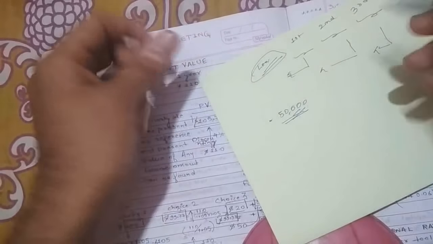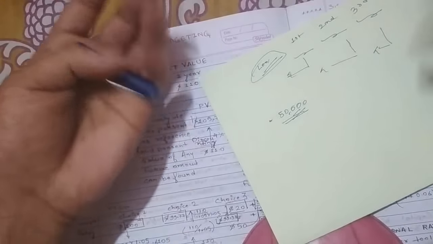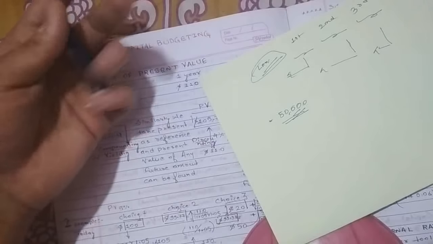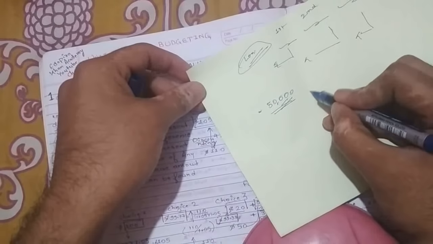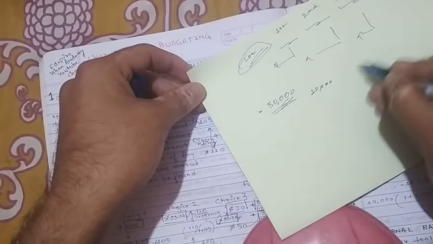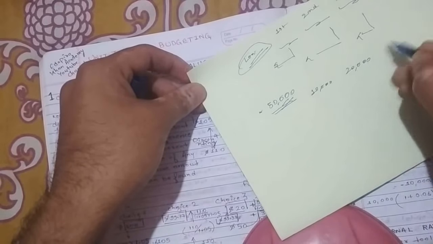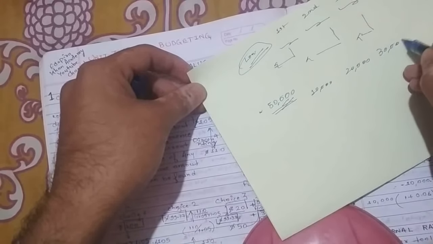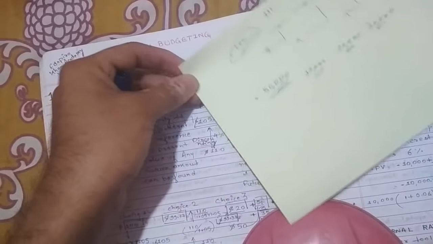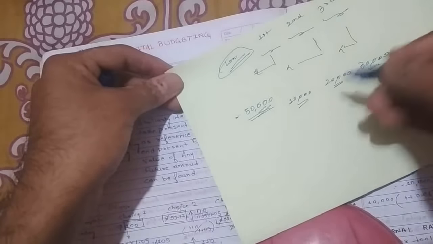After the investment, after some time they start getting profit from the business. Let's say in the first month they get 10,000, then 20,000, then 30,000.